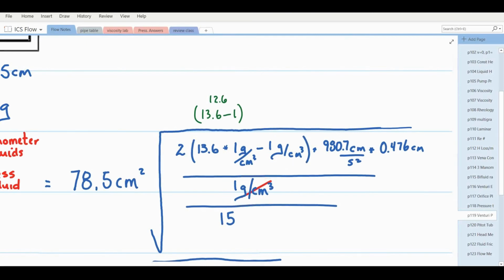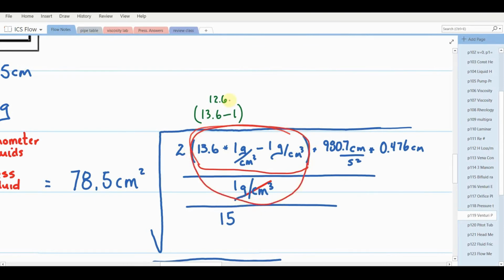So I can factor out 1 gram per cubic centimeter from the numerator and then cancel it with what's in the denominator, and I'm basically left with 13.6 minus 1, or 12.6 for this whole term right here. Well, actually here, all of this.